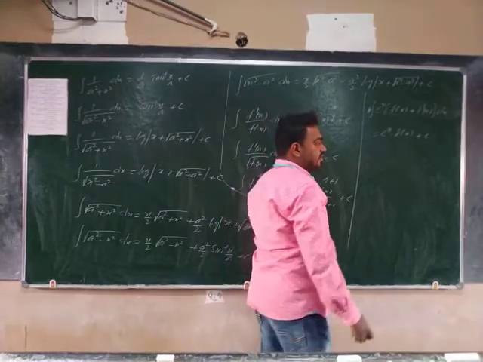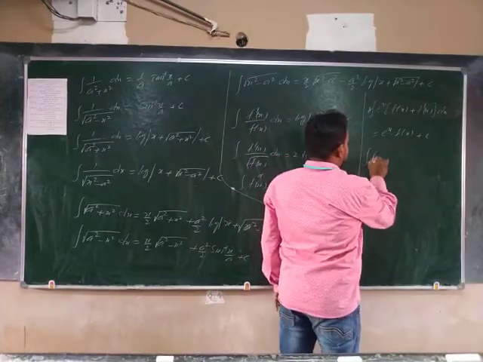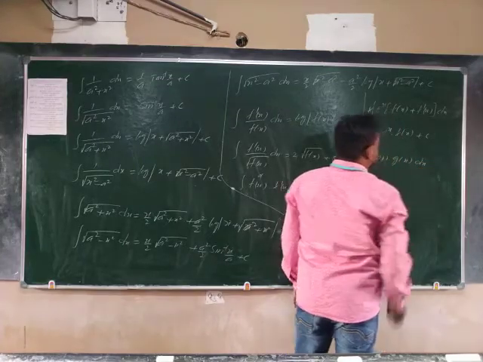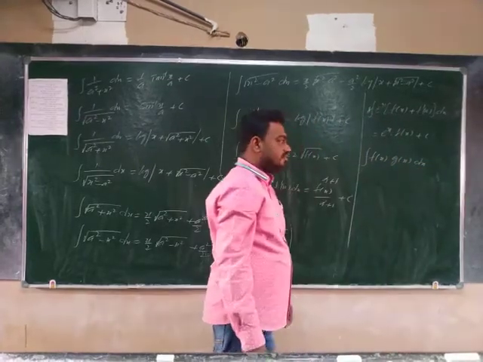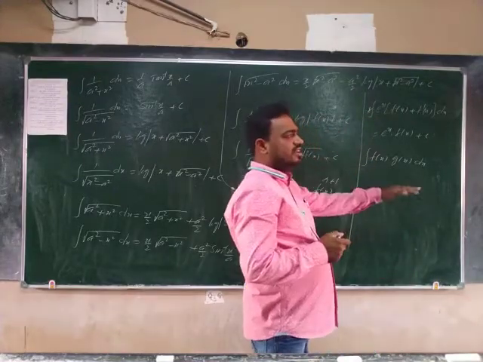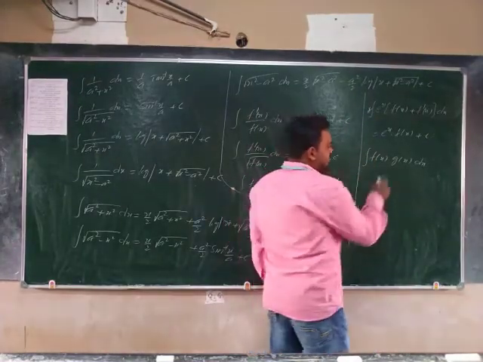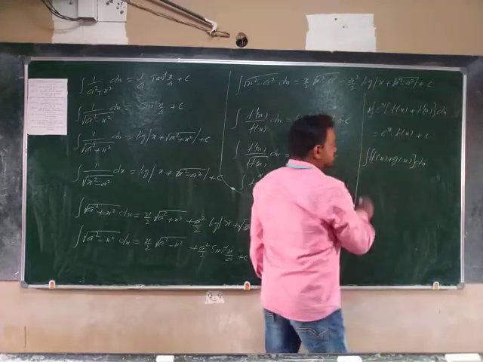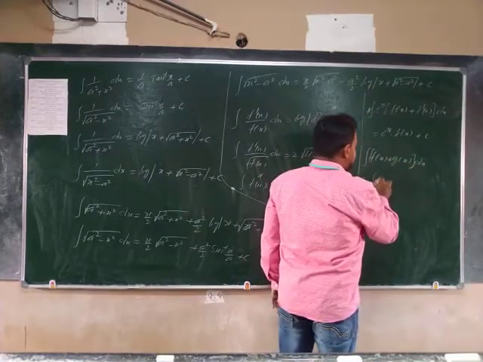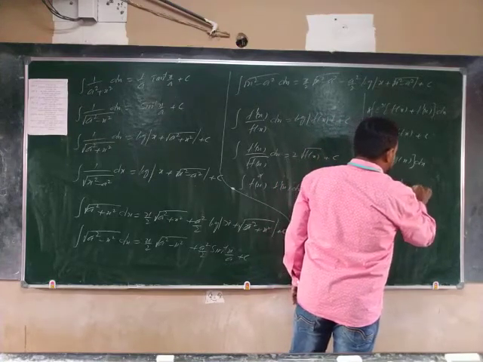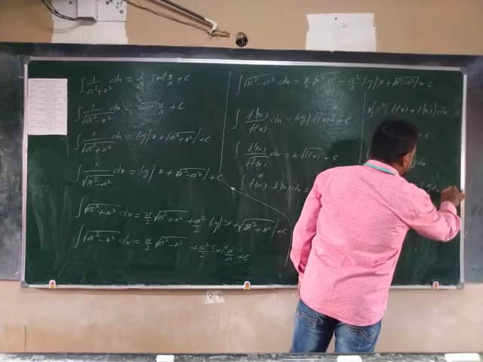Next, the integral by parts formula. Integration of f of x into g of x dx, product of the two functions. For the sum of two functions, we just apply integration on each term. For example, integration of f of x plus g of x dx is equal to integration of f of x dx plus integration of g of x dx.